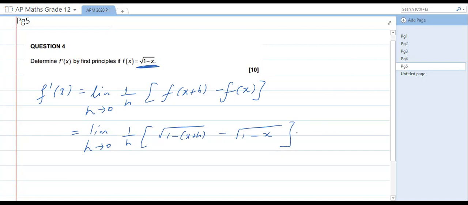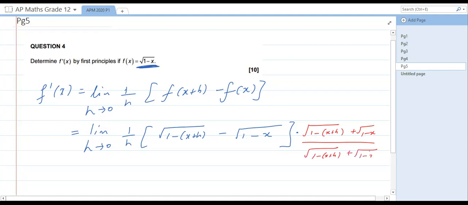So what we can do here is multiply by the conjugate to get something in the denominator. If I multiply this by the conjugate, I can say the square root of 1 minus (x plus h) plus the square root of 1 minus x, over the same thing, the square root of 1 minus (x plus h) plus the square root of 1 minus x.